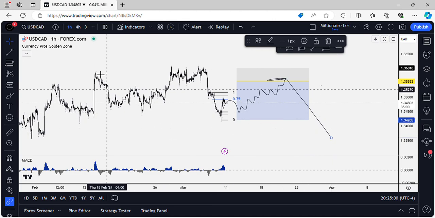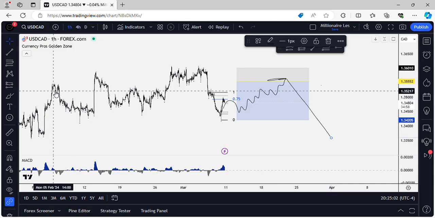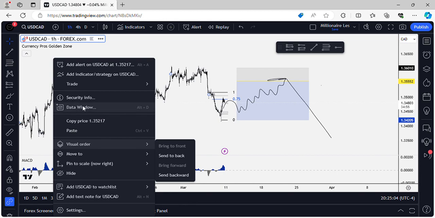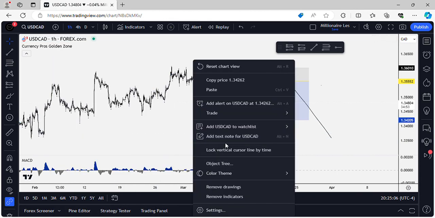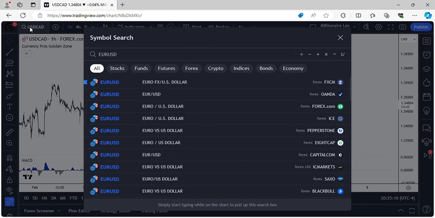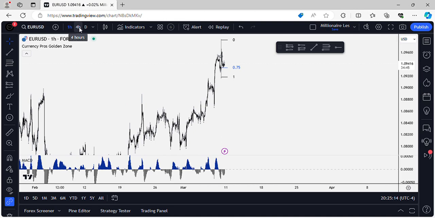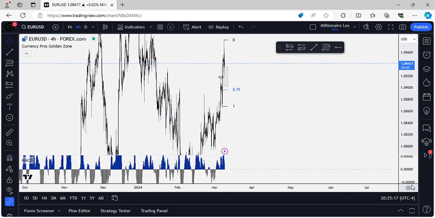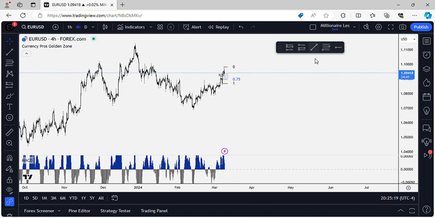Okay. All right. So I'm going to clear this chart and we're going to look at another one, EURUSD, Forex.com. All right. So EU on the 4-hour, and just reset price scale.